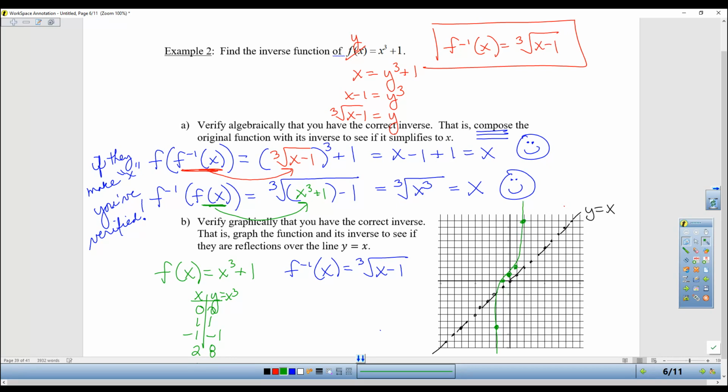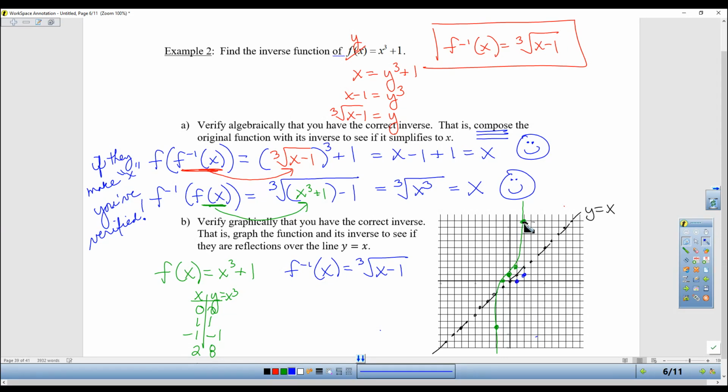Now there's 2 ways to proceed. You can graph the cube root function, or you can switch all these points and see if they come out to be the cube root function. So let's do that. So if I switch this is 0, 1, I'm going to do 1, 0. This is 1, 2, I'm going to do 2, 1.